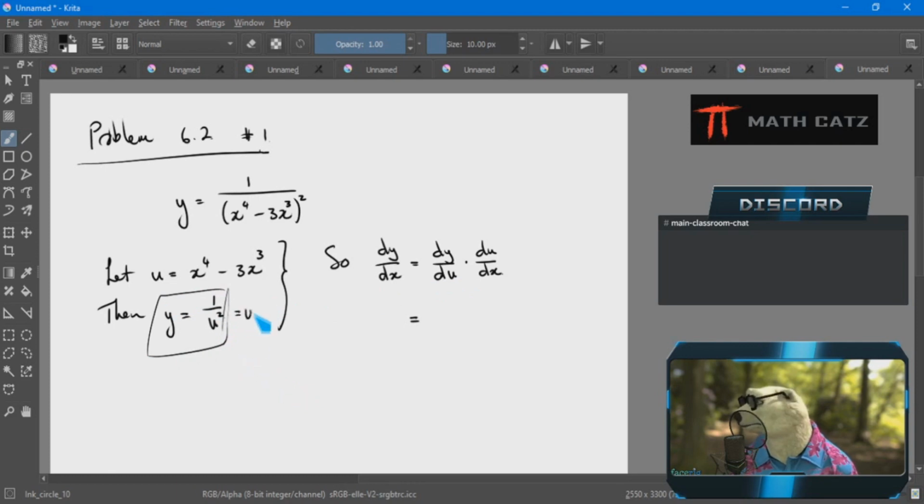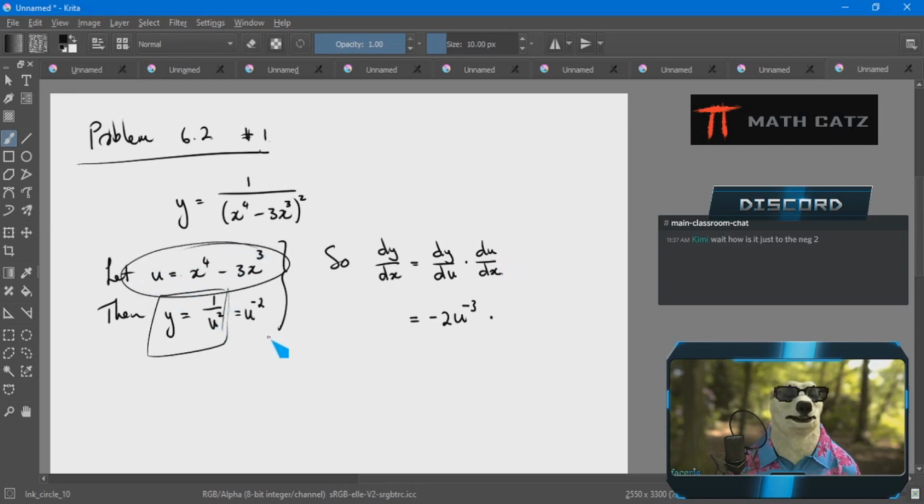And maybe I want to see it as u to the negative 2 so that I can easily apply the power rule, negative 2 u to the negative 3. Times, says the chain rule, by the derivative of u as a function of x. That's this guy. Let's pause for the question.